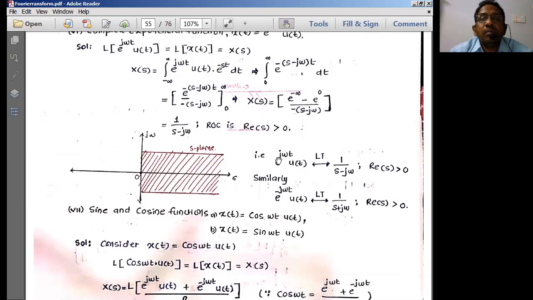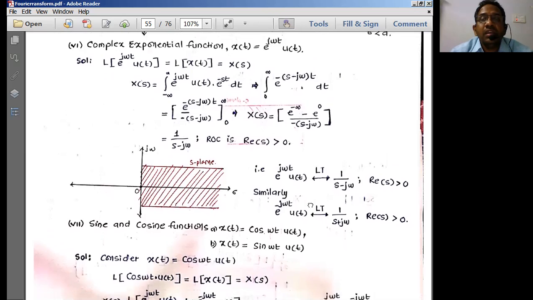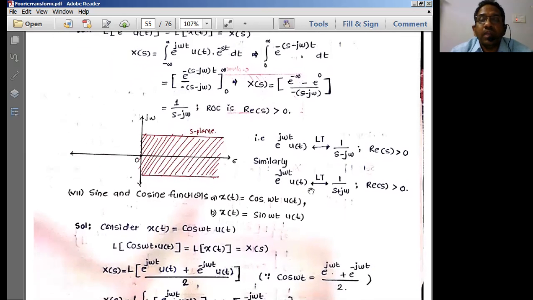Now instead of e power plus j omega t in the problem, imagine it is e power minus j omega t. What will happen now? The 1 by s minus j omega will become simply 1 by s plus j omega. So the minus j omega comes as a plus j omega in the denominator.